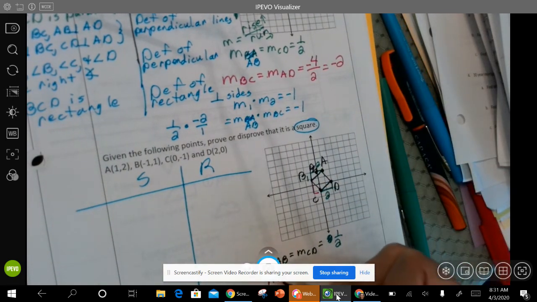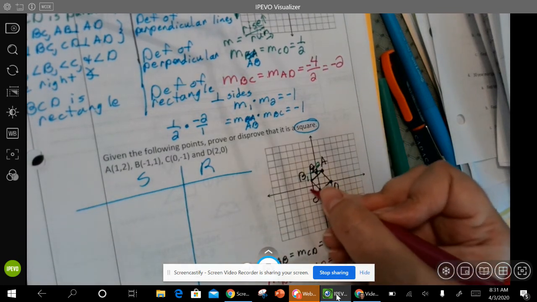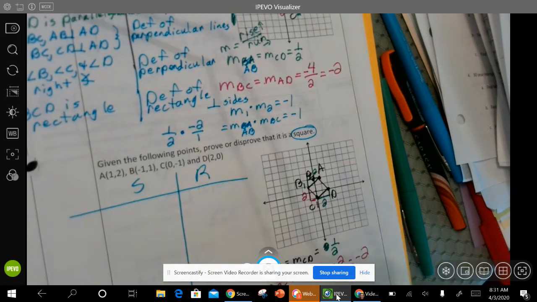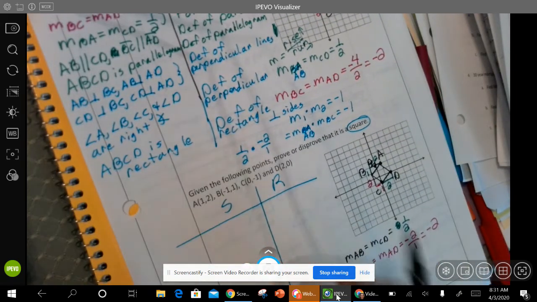So for the sides BC and side AD, okay, so it's going down 2 over 1, so down 2, so that means it's going to be negative. So -2. Okay, so that proves our slopes.